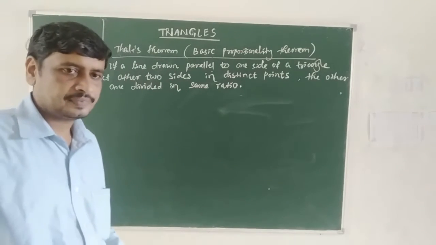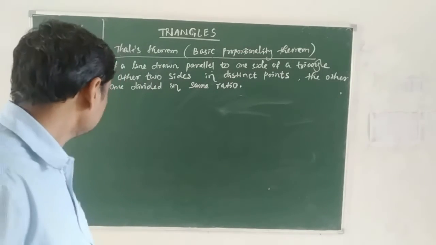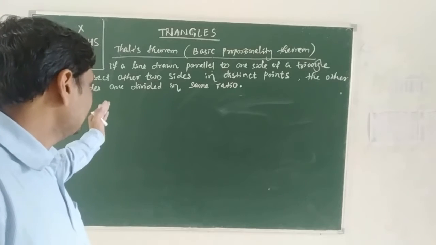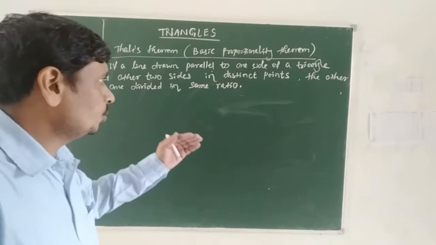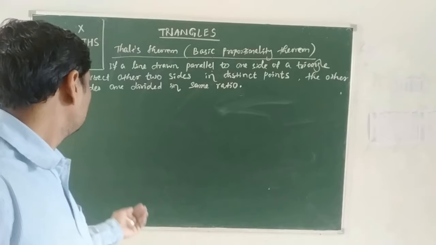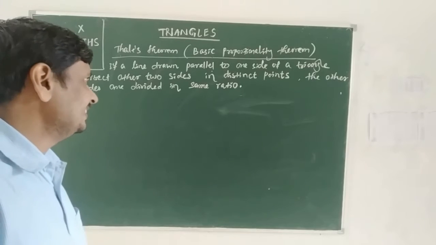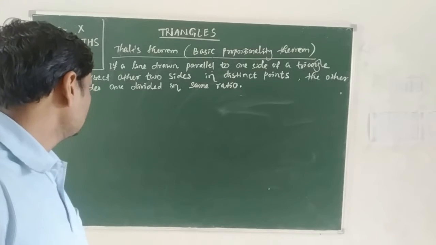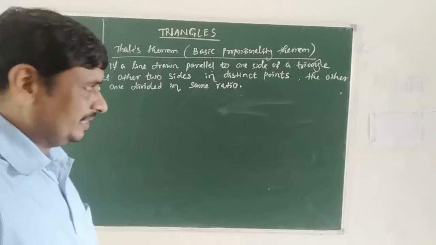Here, if a line is drawn parallel to one side of a triangle to intersect the other two sides in distinct points, the other two sides are divided in the same ratio.